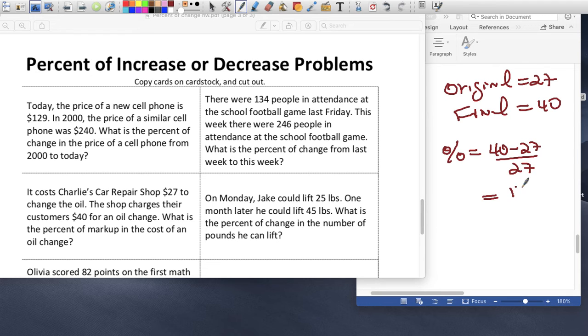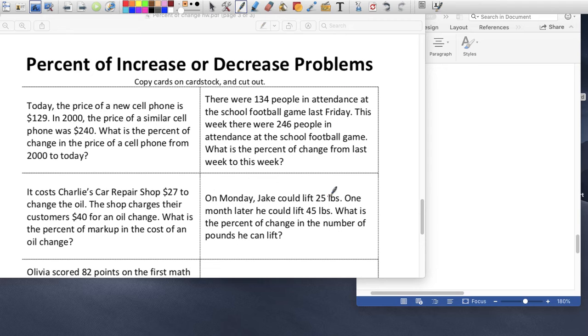So 40 minus 27 is 13 over 27, and 13 divided by 27 equals 0.48148, etc. We're going to make this 48.15%, because this one makes the number bigger, right? 48.15%.